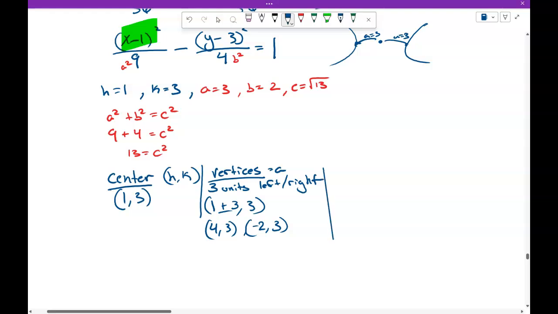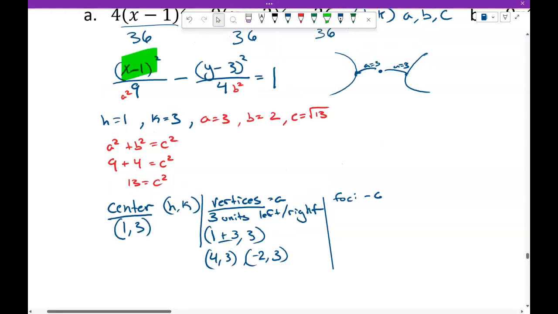Then we can go ahead and identify our foci. Foci uses the c value. And the foci go in the same direction as the vertices, but they're going to be further out. And c has to be a further distance. So using our c value, we're going to go the square root of 13 number of units left and right from the center.